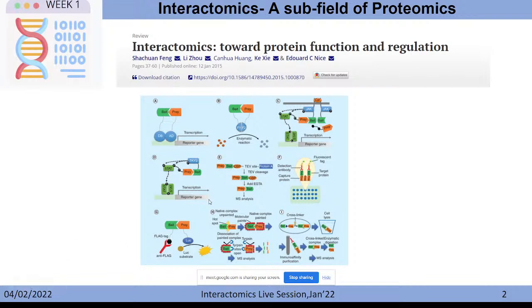As you have seen about the tandem affinity purification and tandem affinity protein array, you need to have a bait and the prey protein. Bait is nothing but your query protein, and the prey proteins are the ones it gets interacted with.